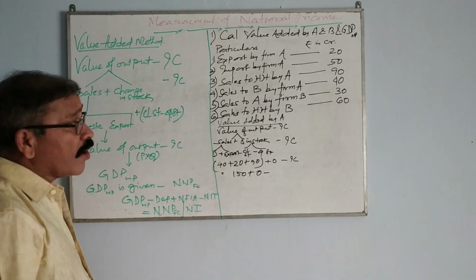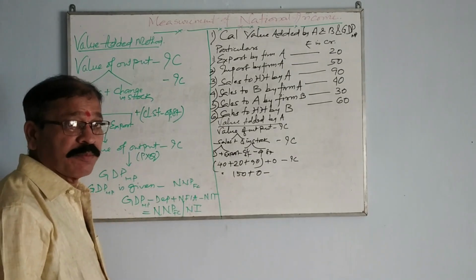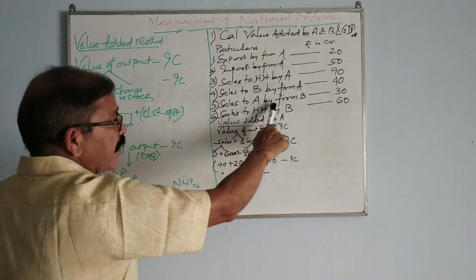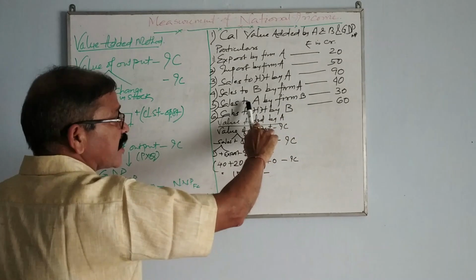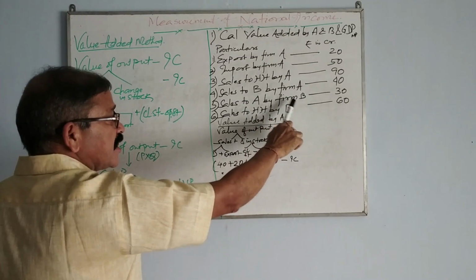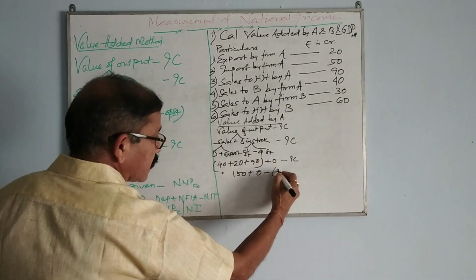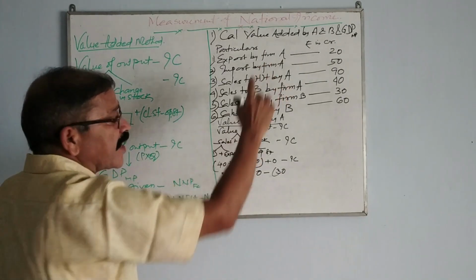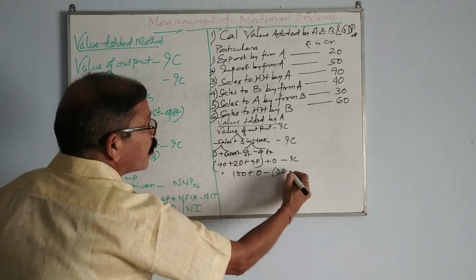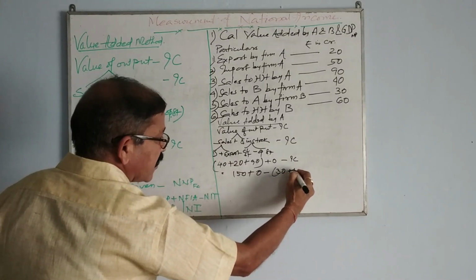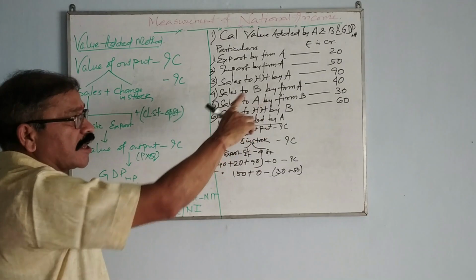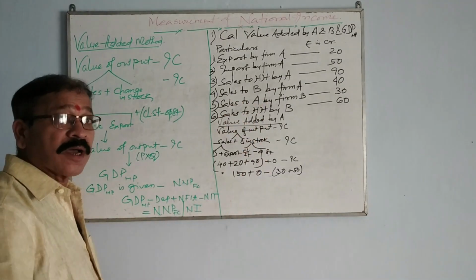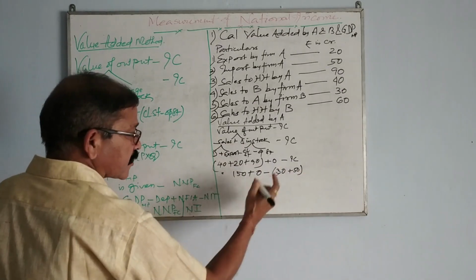IC means what A purchased from others. Sales to A by B, that means B is selling to A, that is 30. Then import by A is 50. That means A is taking help from B, that is 30, and A is taking help from other countries, that is 50. That is called import.